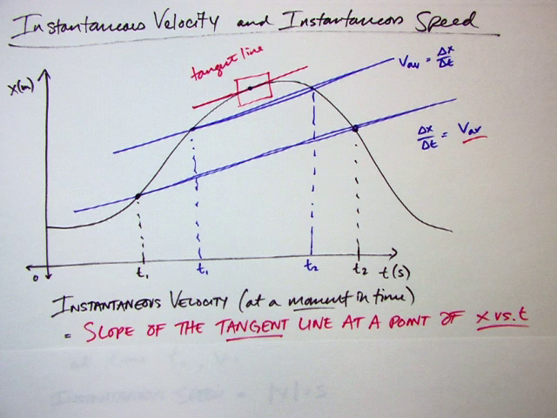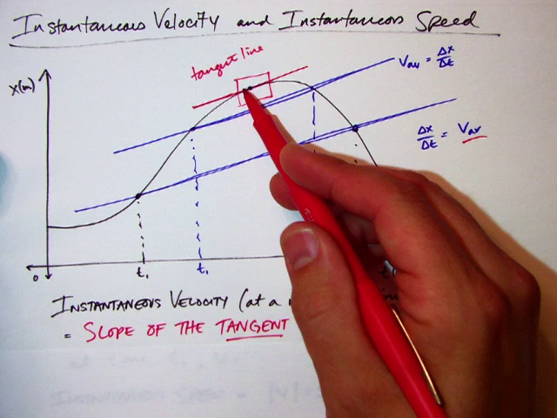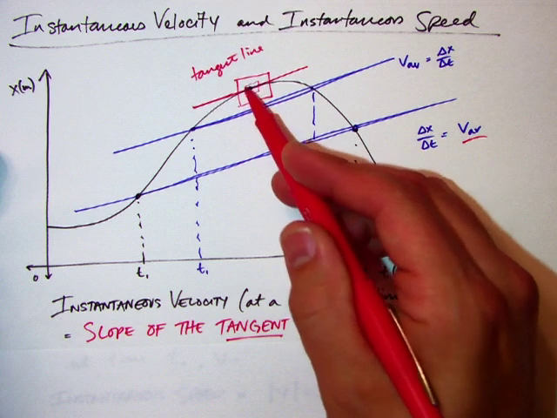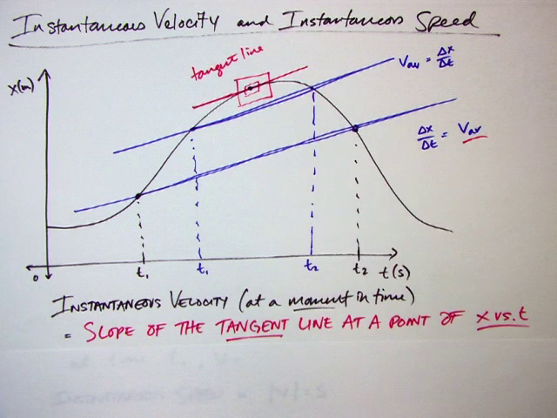So if you look at this portion of the graph here, the closer you get, the smaller time interval you get, the more the average velocity becomes the same as the instantaneous velocity.